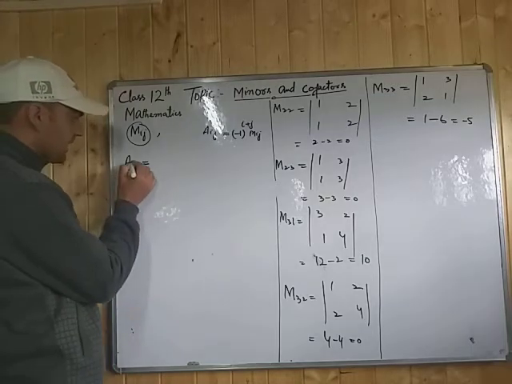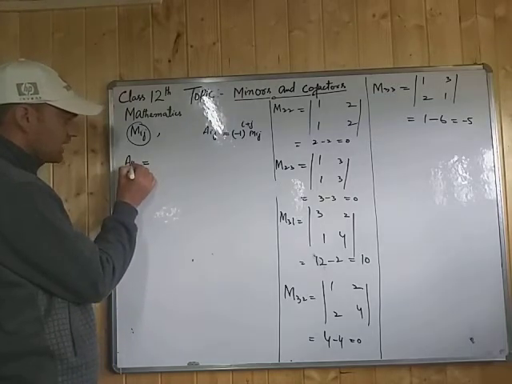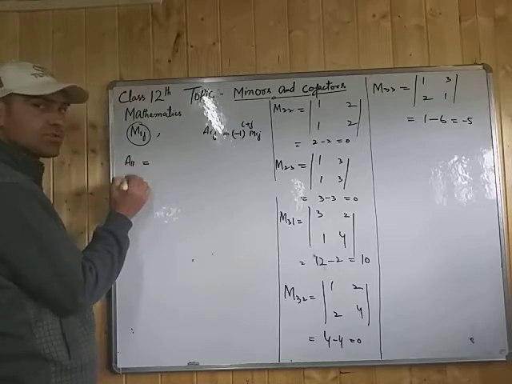So यहाँ पर आप देखेंगे i is equal to 1 and j is also equal to 1.